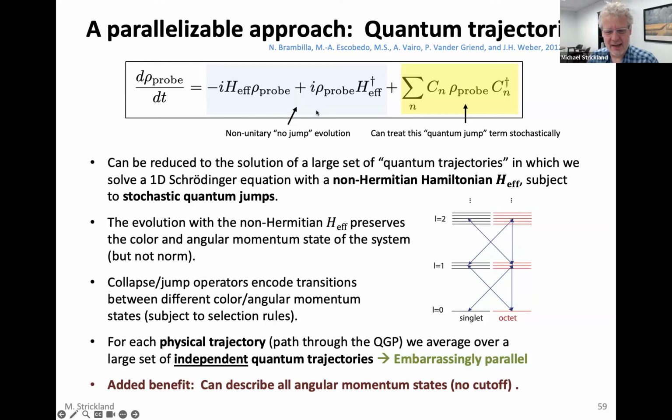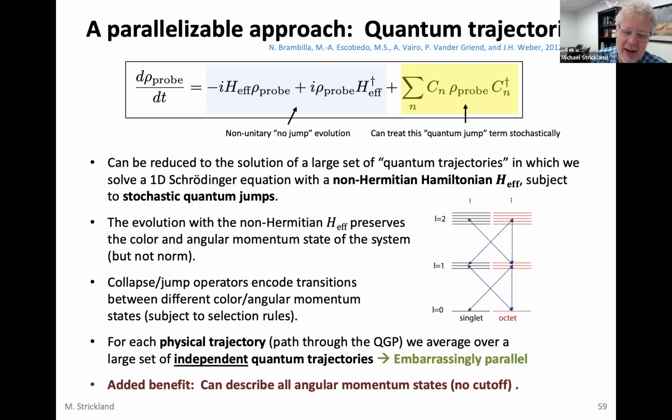I won't try to describe it in equations, but I will describe it in words, pointing at this picture. Let's say I started in a singlet state, which was an Upsilon 1S, so L is equal to 0, singlet state.